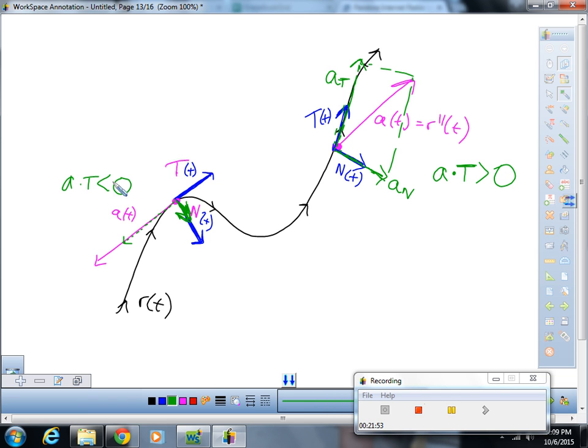All right, now it's also important to remember that if a dot T equals 0, what's happening? So what kind of shape is this thing traveling in? You got two options. It's either traveling in a straight line, and there is no acceleration. What's the other option?